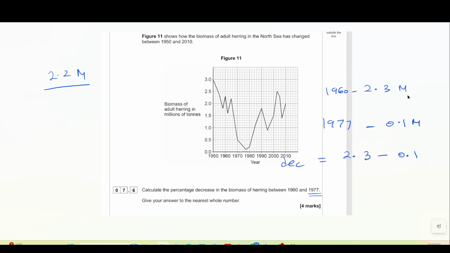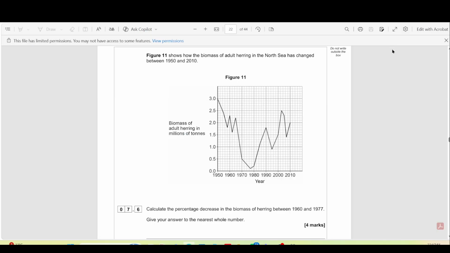Then you divide it by the original value, which means 2.2 divided by 2.3, times 100, equals 95.65%. You can round it to the nearest whole number, so 96%. Yes, absolutely correct.